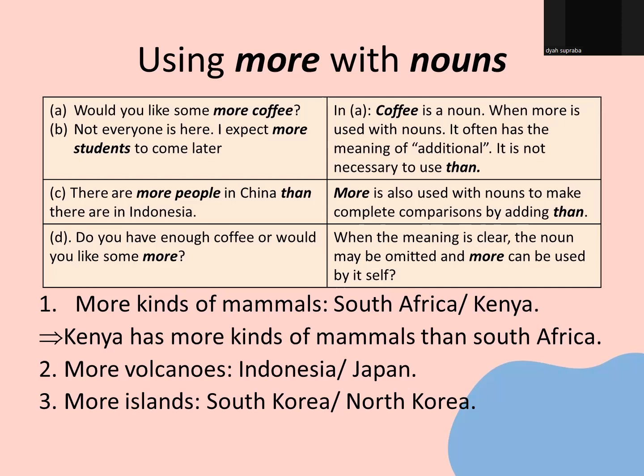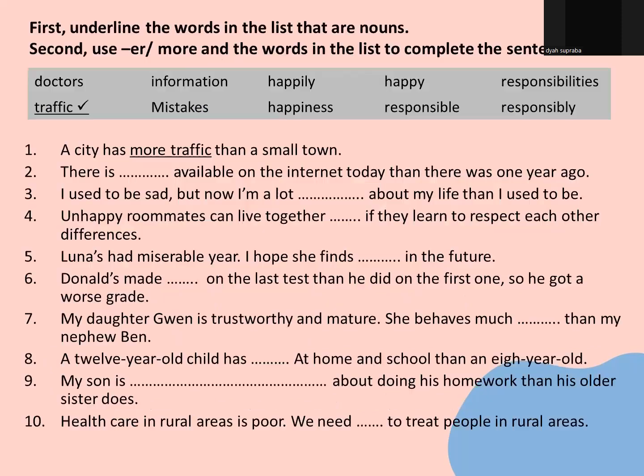Okay, and in here, number 1 until number 3, we compare. Number 1, compare mammals in South Africa and Kenya. Number 2, compare volcanoes in Indonesia and Japan. And number 3, compare islands in South Korea and North Korea. For example, about mammals. Kenya has more kinds of mammals than South Africa.